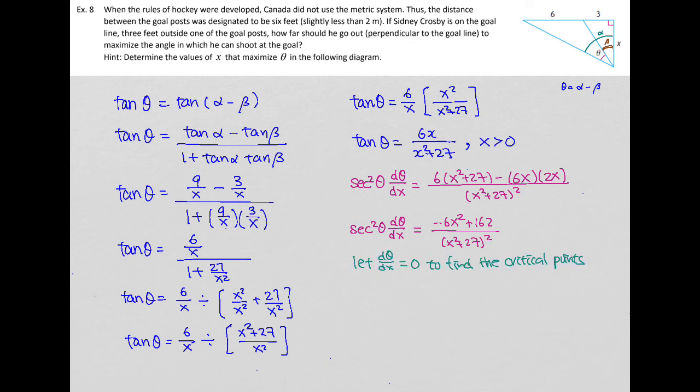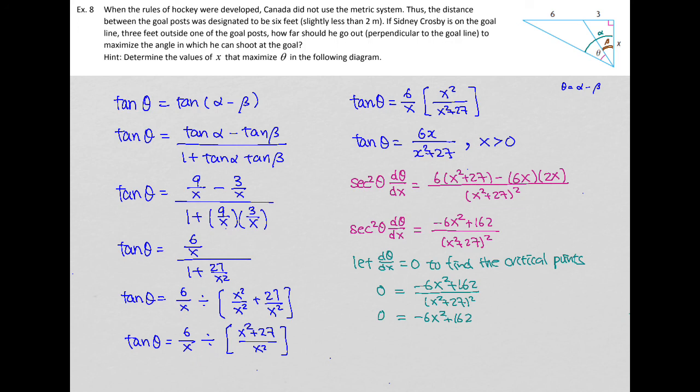Now, let d theta over dx equal 0 to find the critical points. Then we get 0 equals negative 6x squared plus 162 over x squared plus 27 whole thing squared. Multiplying by the common denominator on both sides, we get 0 equals negative 6x squared plus 162.